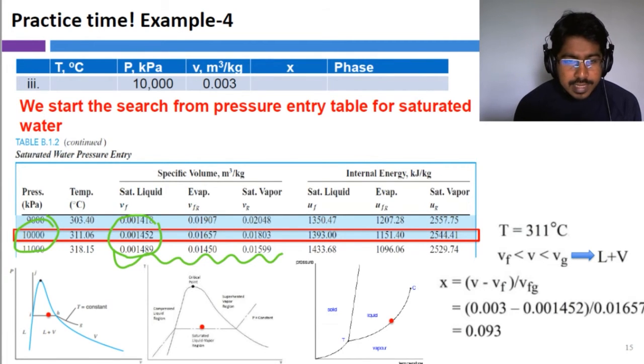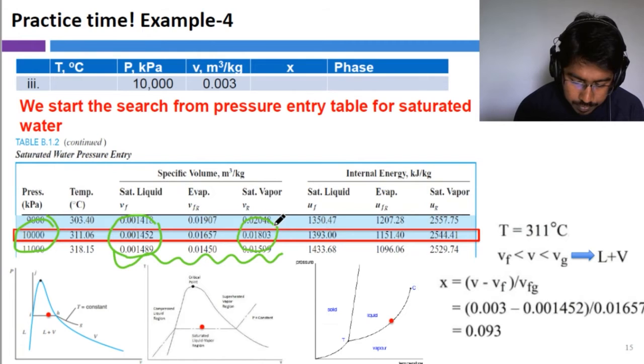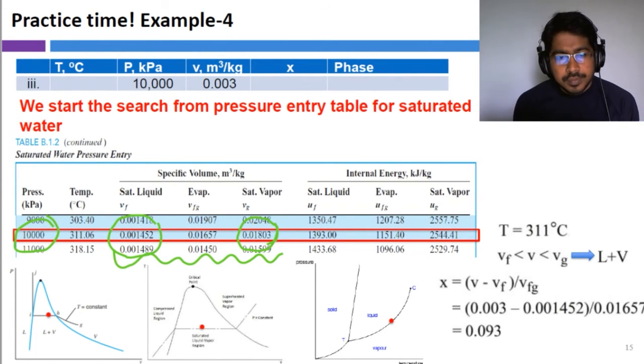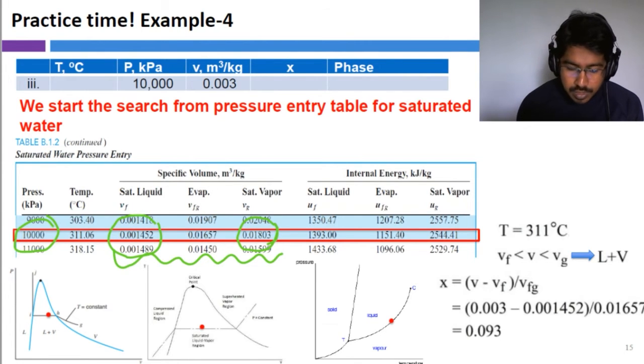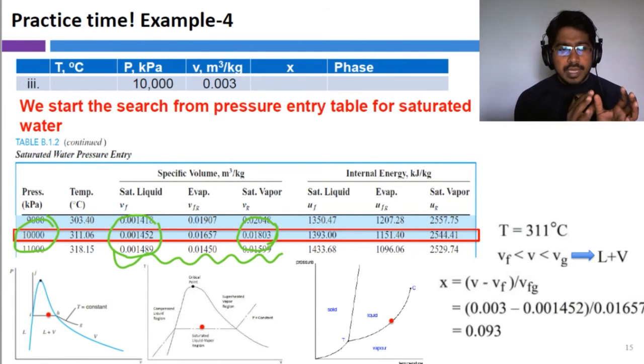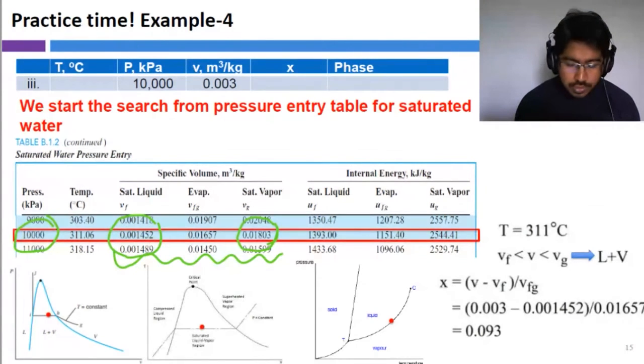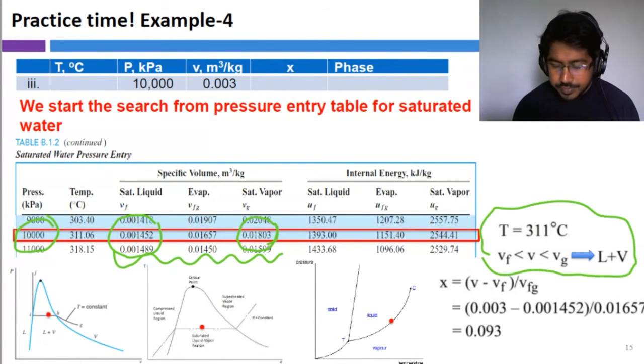And it is lesser than the VG value for that given pressure, right? 0.003 is lesser than 0.018. So that means my specific volume is somewhere between VF and VG for that given pressure. By looking at that, I can conclude that it is in the liquid plus vapor region, or two-phase region.